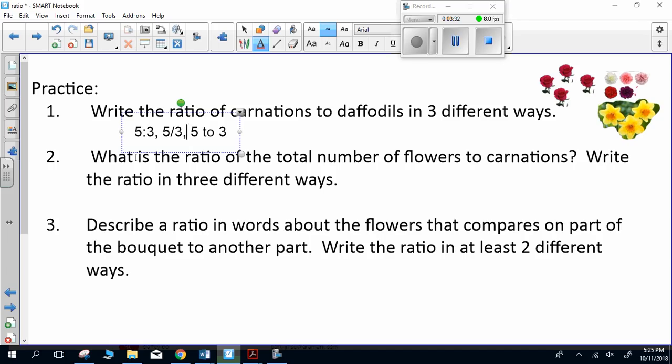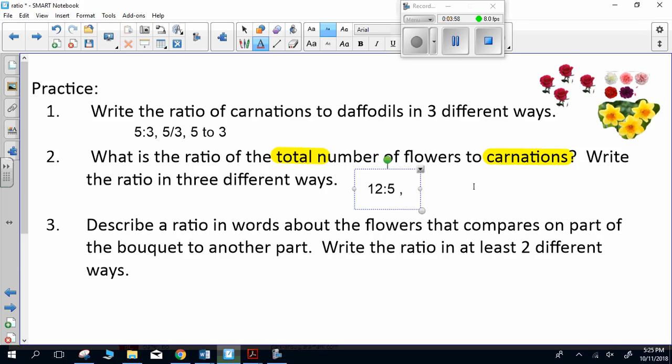Next one says, what is the ratio of the total number of flowers to carnations? So I look at my words and I see total is my first word and carnations is my second. So I need to remember that I have 12 flowers. So it's going to be 12 to, and then I have 1, 2, 3, 4, 5 carnations.